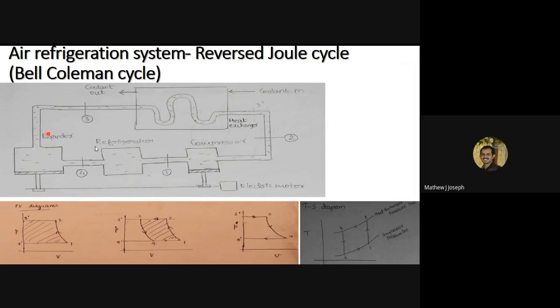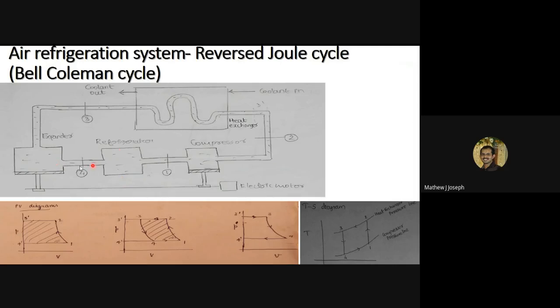Then after this working fluid is expanded inside the expander, its volume will be slightly increasing. At the same time, the temperature will be brought down to a very low temperature, lower than that of the refrigerator.